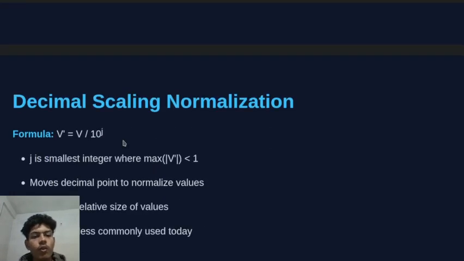Now we go for decimal scaling normalization, where the formula is v dash equals v divided by 10 to the power j, where j is the smallest integer such that max v dash is less than 1. It moves decimal points to normalize values and preserves the relative size of values. It is simple but less commonly used today.